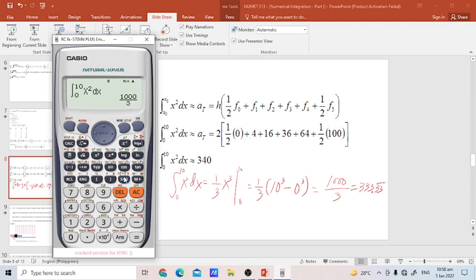So that's it. But if we increase the value of n, because in our example n is 5, if we increase that to, let's say, 50, 100, our approximated answer will be near to the exact answer. It will be very near to the exact answer. Alright, so that's it.